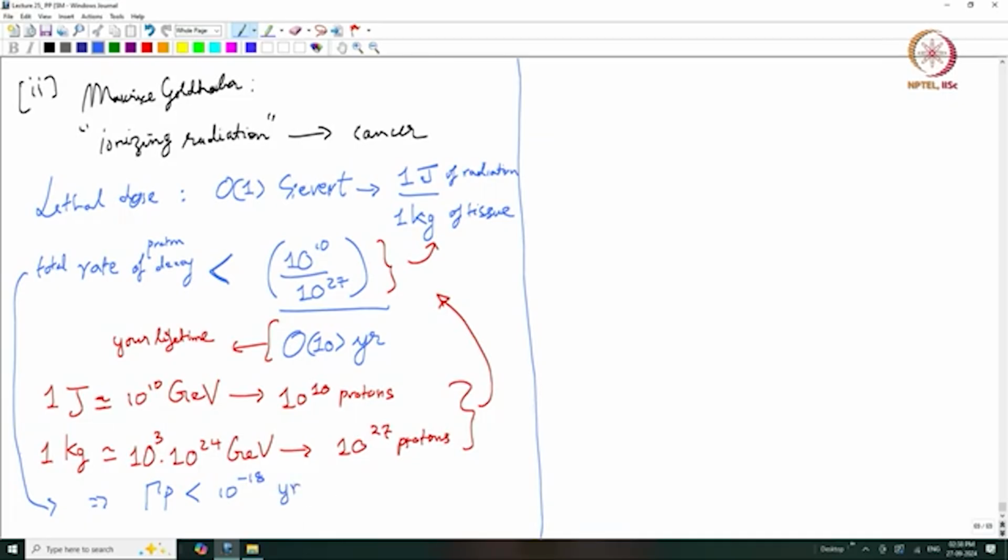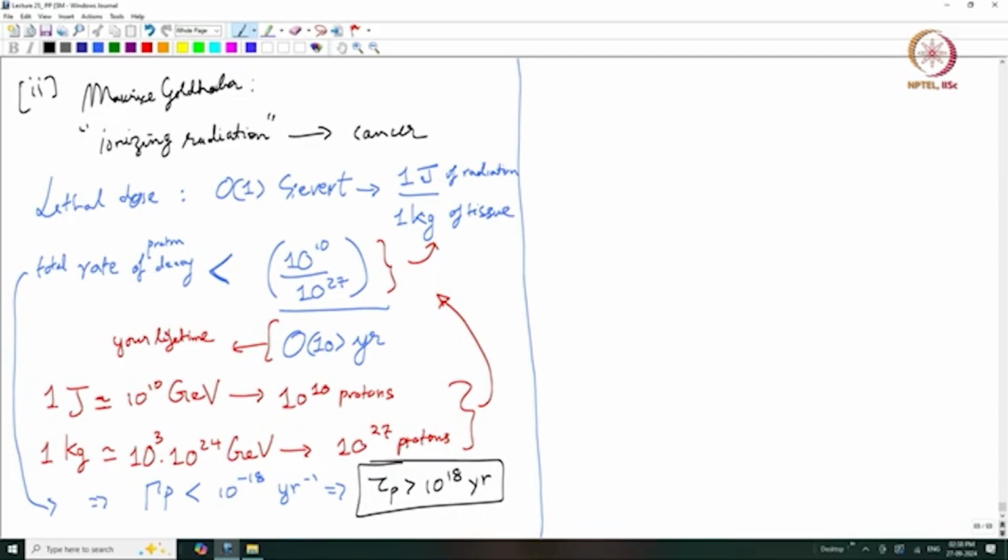Said differently, the lifetime of the proton is larger than 10 power 18 years. See, just like that, without much effort, we were able to set a limit on the proton decay lifetime just based on the fact that we are not getting cancer from our own tissue, from our own bones and tissue.